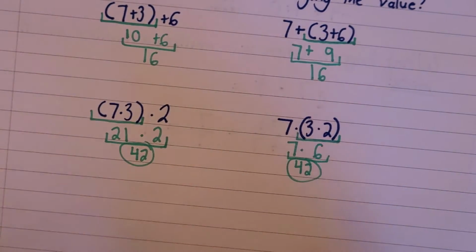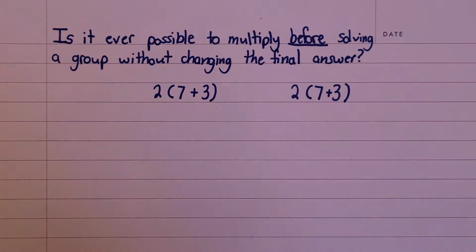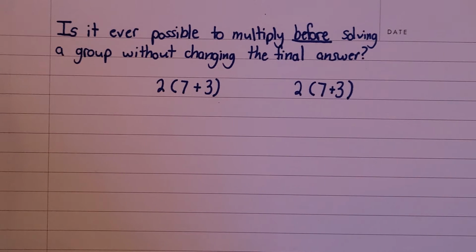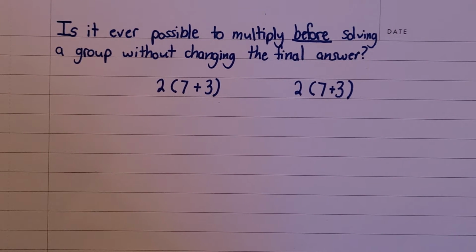Okay, these are equivalent. All right, my second question, my last question. Is it ever possible to multiply before you solve a group without changing the final answer? Let me show you what I mean so you can think about it.